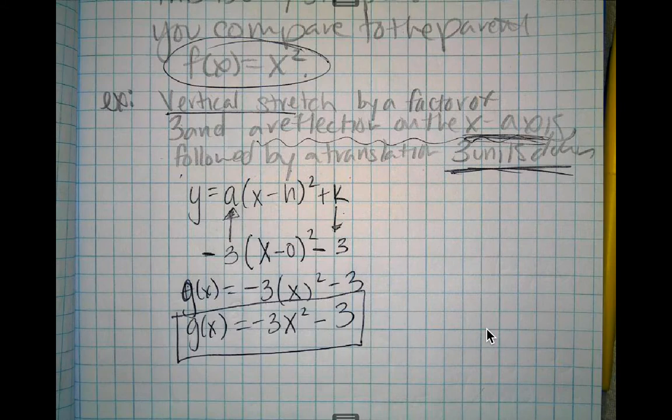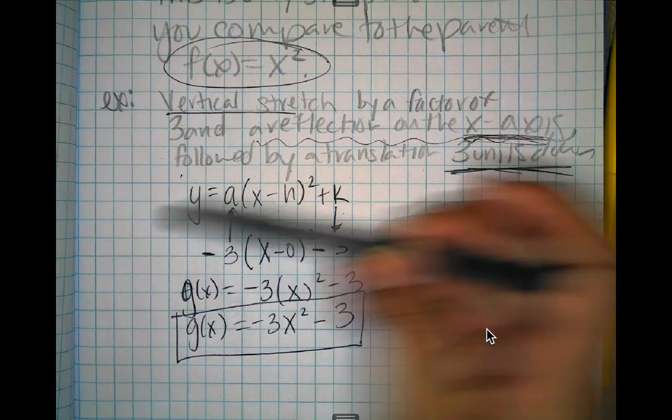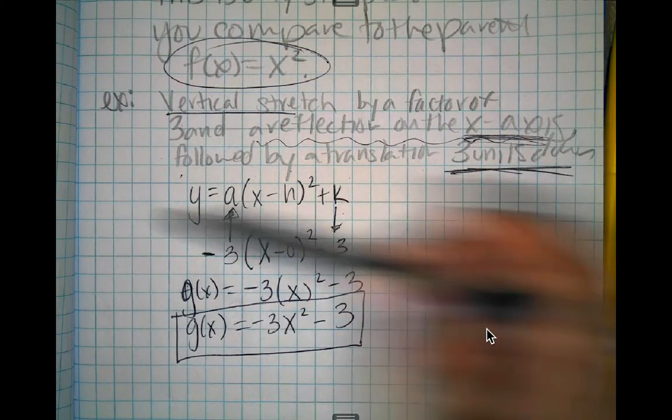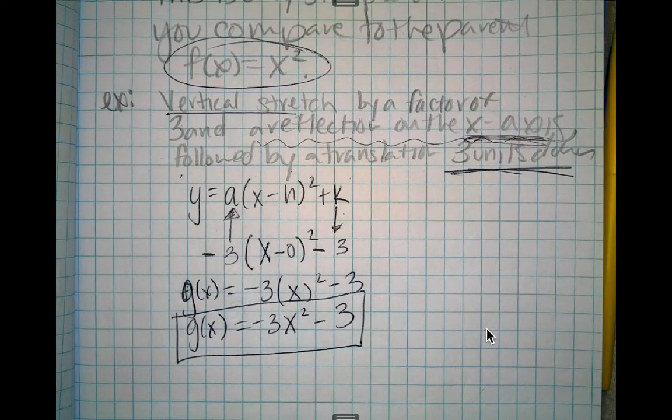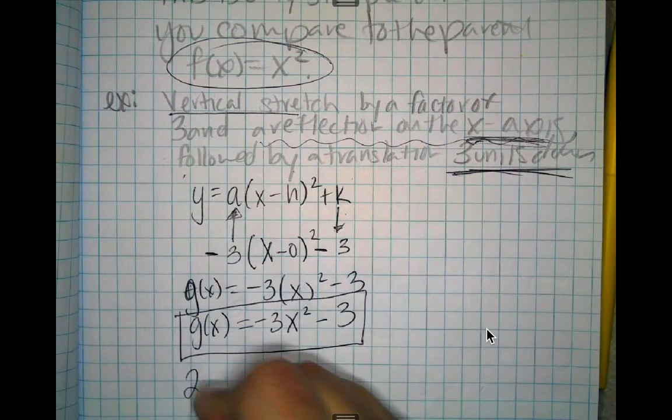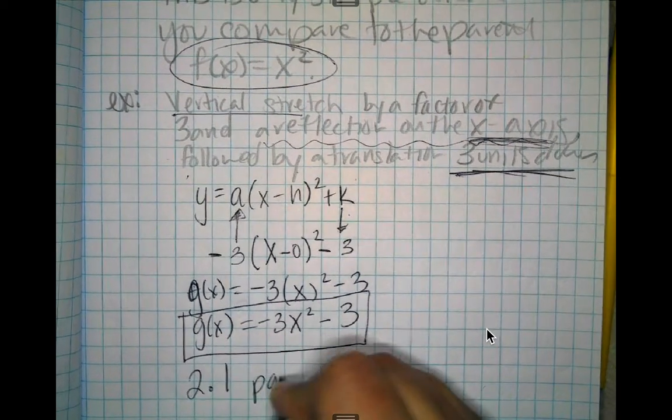And that would be your answer. So again, write out the rule or the place where you're going to plug it in, and then fill in the blanks. Okay. And you're only going to have 2 of these to do. So you're going to do 2.1 part 3.